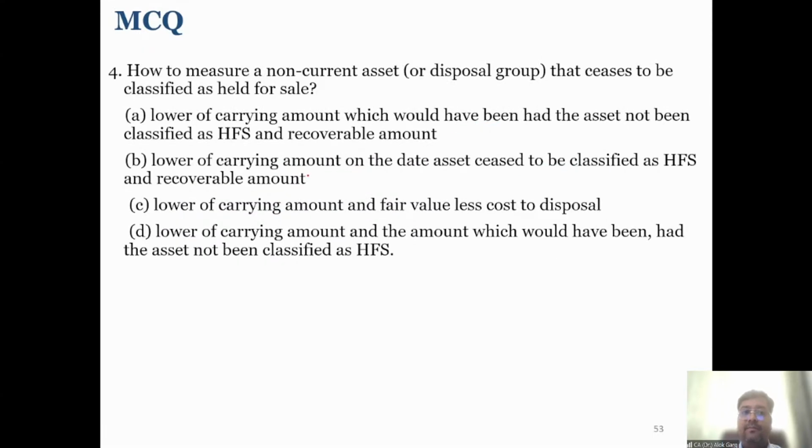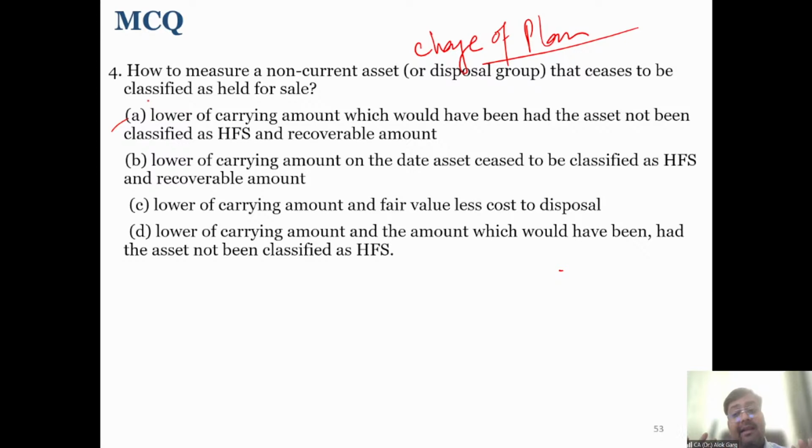Question number 4. How to measure a non-current asset or disposal group which ceases to be classified as held for sale? It means change of plan. Tell me, in case of change of plan, how do you have to measure this NCHFS or disposal group? First option, lower of carrying amount, what is the answer for that? First of all, you have to recognize lower of what?